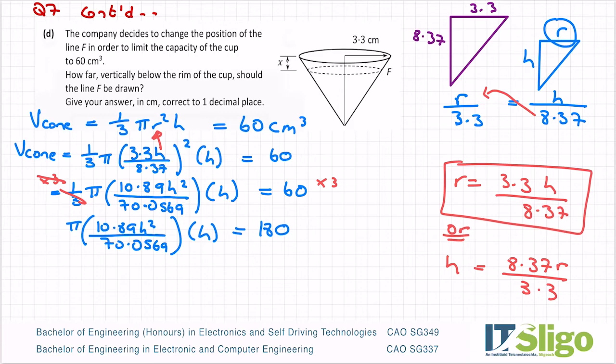Okay, let's divide across by pi. And let's multiply h and h squared together. So I have 10.89 h cubed over 70.0569 now being equal to 180 over pi.